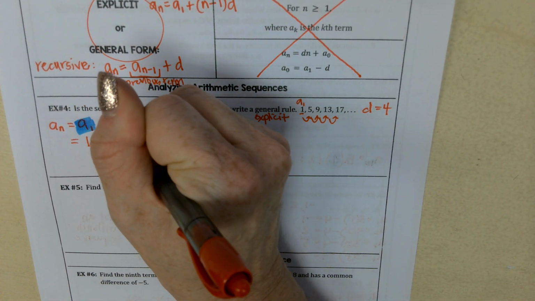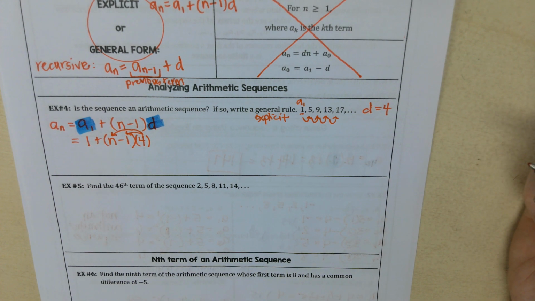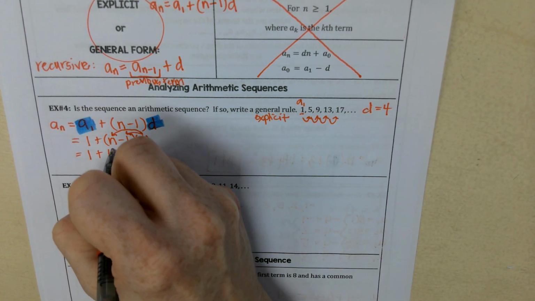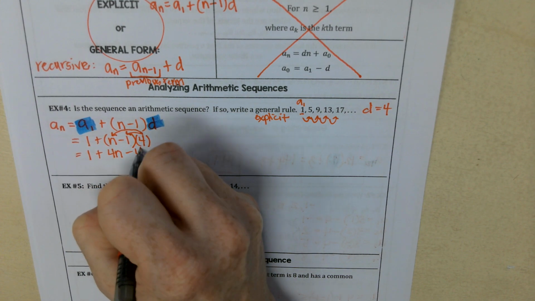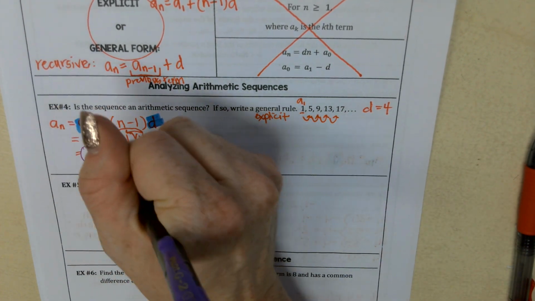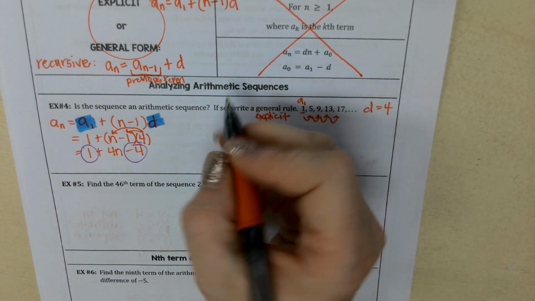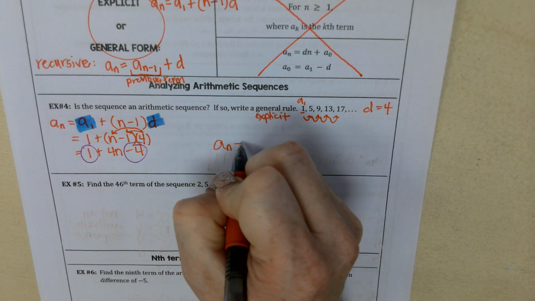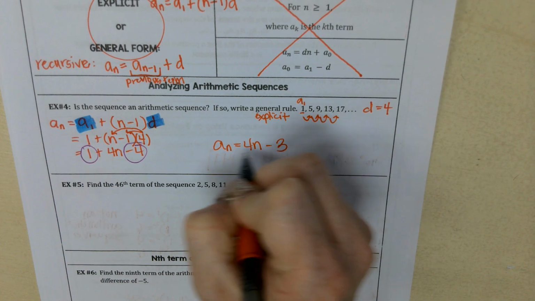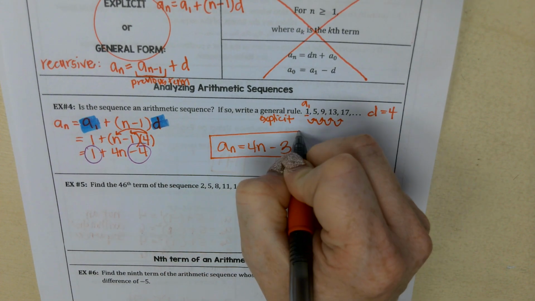So that means we have to distribute and combine like terms. So this is 1 plus 4n minus 4. My like terms are these two. So my formula is 4n minus 3.